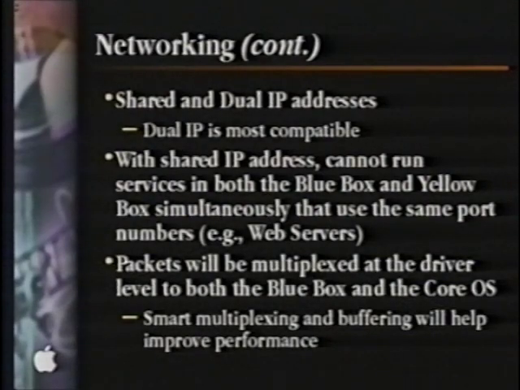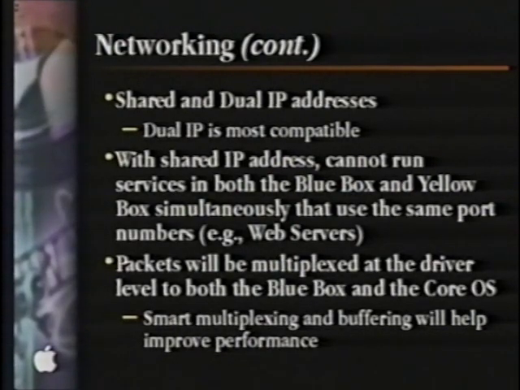Works great. So IP addresses are the most interesting issue here because if you completely have two separate protocol stacks, one inside of Blue and one inside of the Core OS, that implies that you have two different IP addresses, which is probably less than desirable if you're a network administrator who has to parcel out these IP addresses.